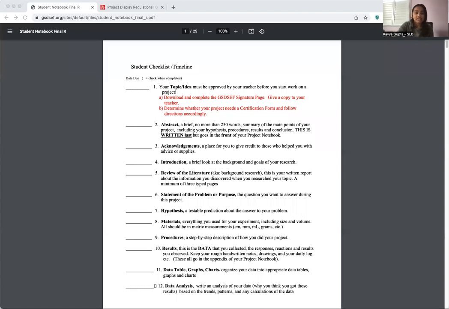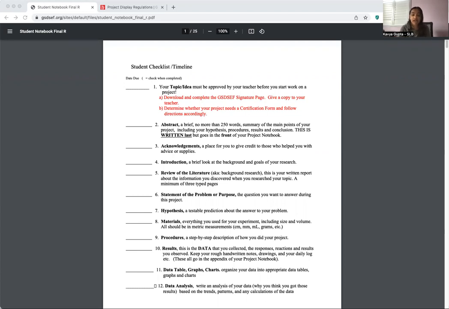Okay, can everyone see the screen? Okay, cool. So we're going to first talk a little bit about the Science Fair notebook. Just as a reminder, this notebook is one of the components that you will be bringing into the fair days. So this is one of the things that you'll need to bring through the check-in.